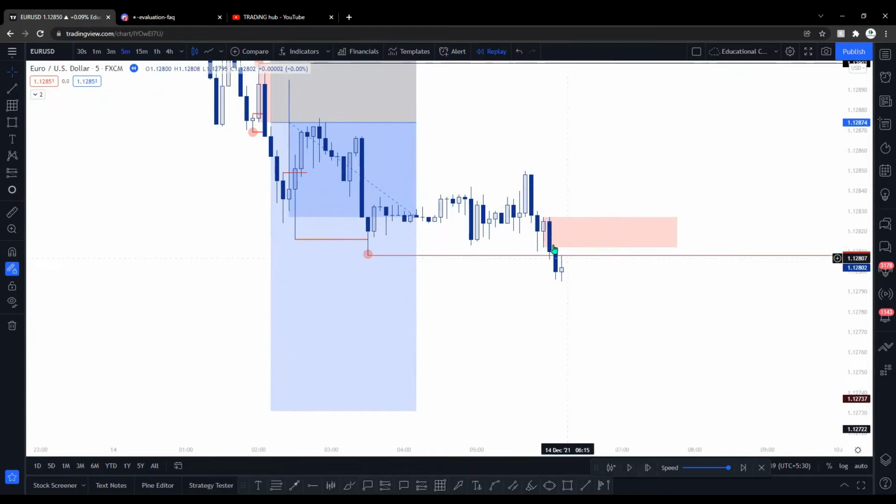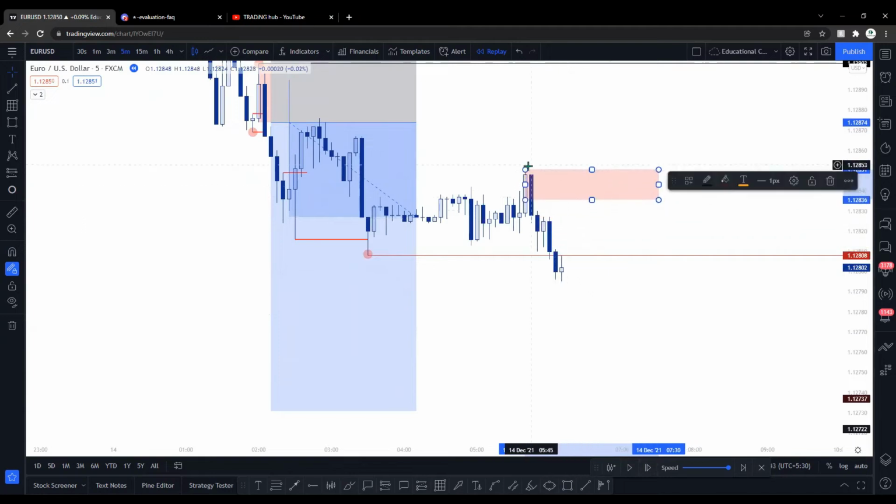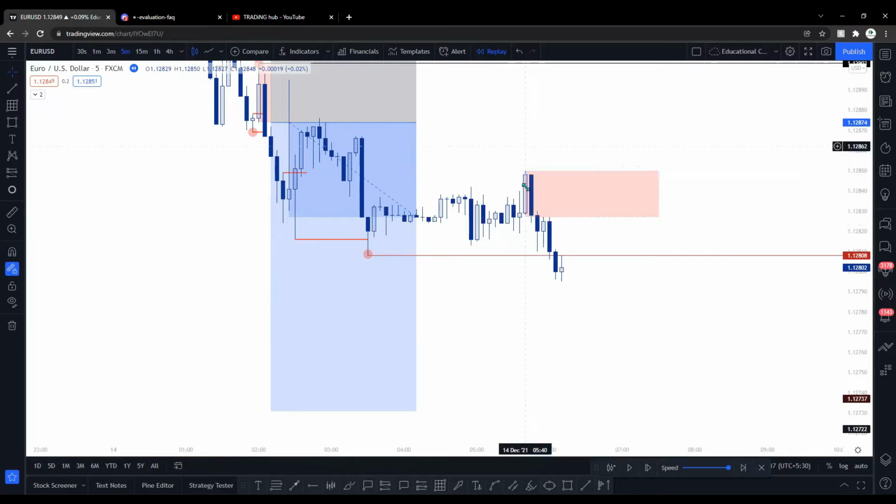Now if we mark this one as the last buying candle before the drop, this candle is mitigated by the next candle, which is here. So we will not count this one. This one is not valid for me, and the valid order block is here. This high becomes our swing high, a lower high.